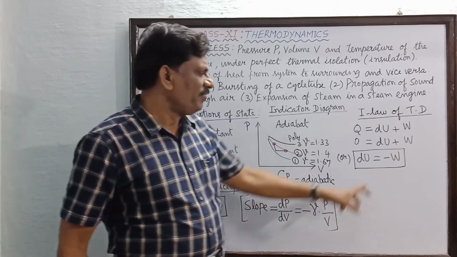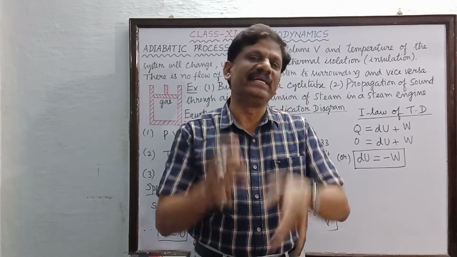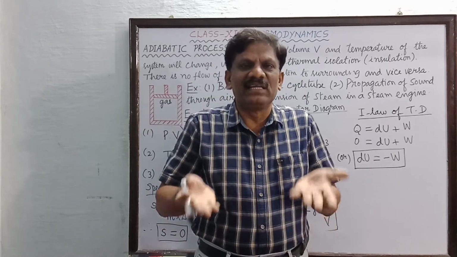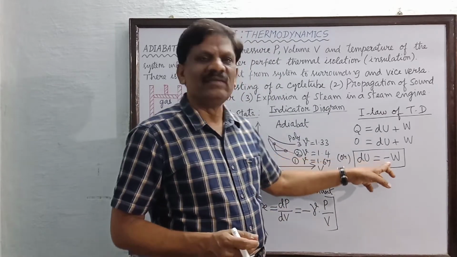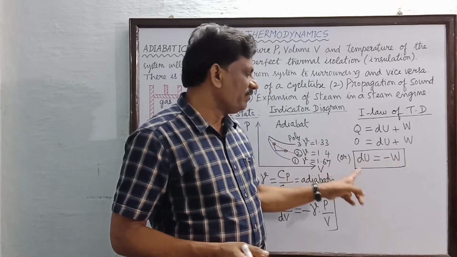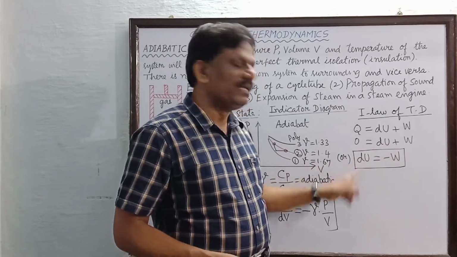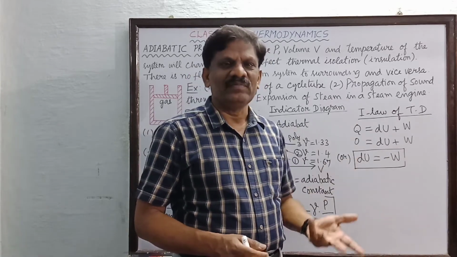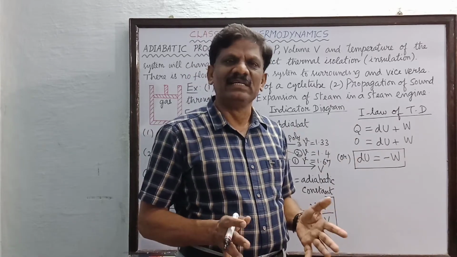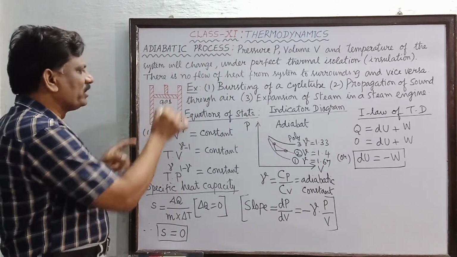So if du is the increase in the internal energy of the system, when the internal energy of the system increases, the work done will be negative. So if du is positive, work done will be negative. If du is negative, then the work done will be positive, and vice versa. Understand? Now, what will happen when the piston is pushed downwards?